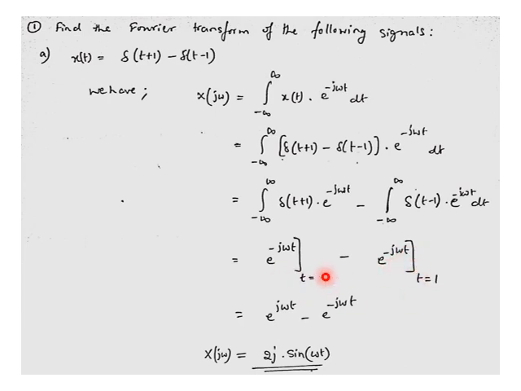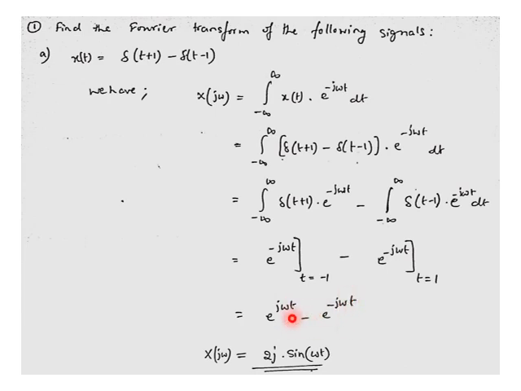By substituting, what we can get is, sorry, for t equal to 1 we need to have e to the power minus j omega. I forgot to mention the substitution here: for t equal to 1 it should be 1, not t.